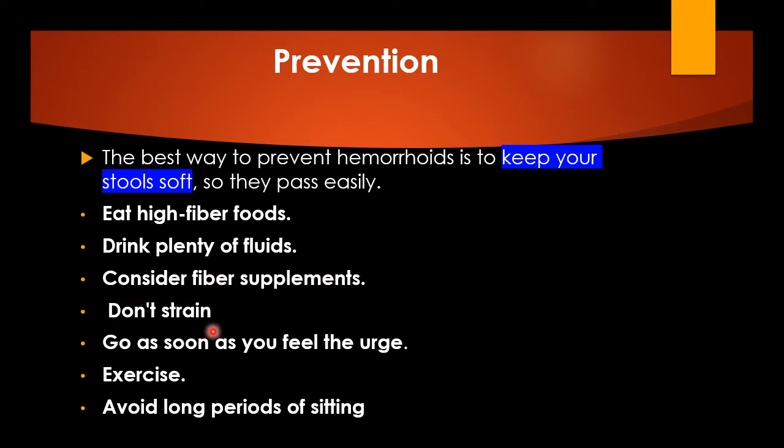Avoid straining at stools. Go as soon as you feel the urge and not wait until you have to strain and push the stools out. Regular exercises and a healthy lifestyle. And one of the important things is to avoid long periods of sitting, especially jobs that require you to sit for long, like drivers, okay, who have to sit for hours without rest.